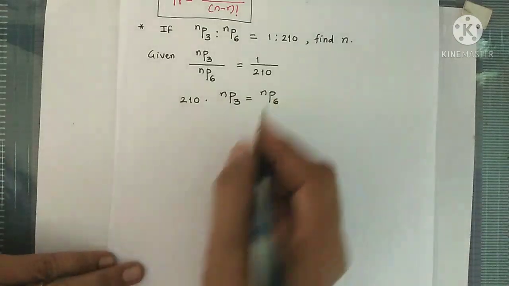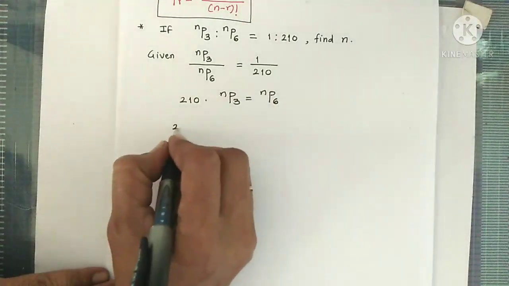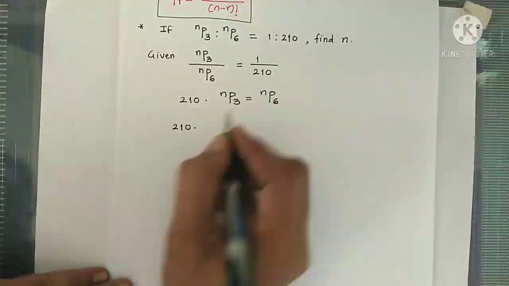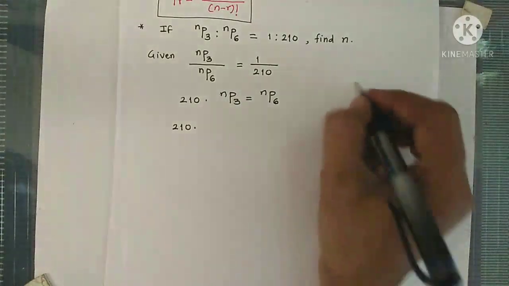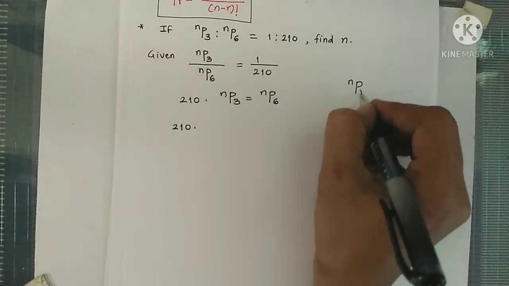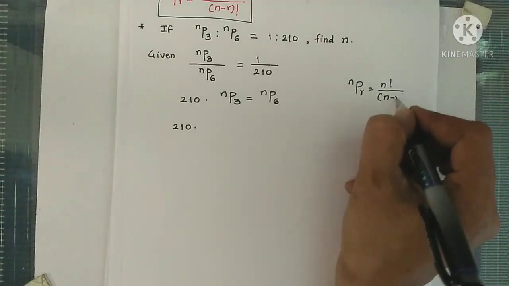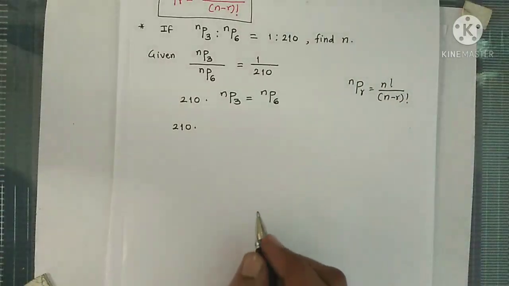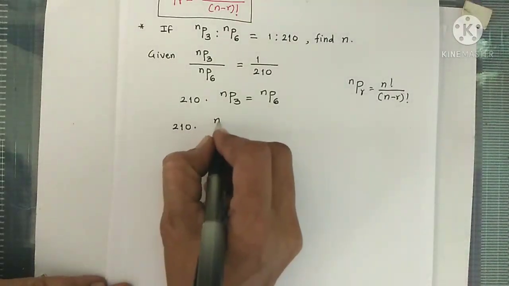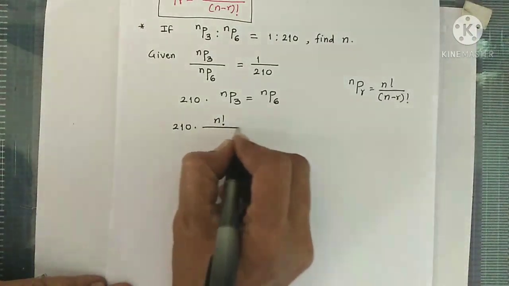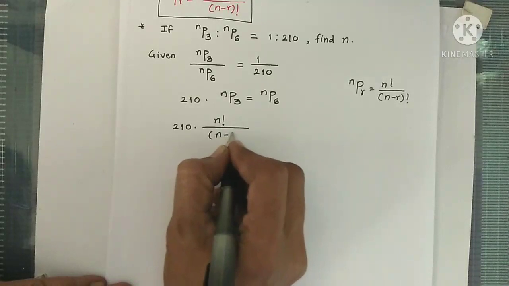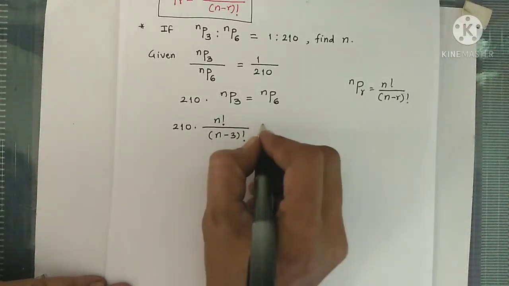Now let's write the formula. So this is 210 into nP3. Now nPr is n factorial divided by (n minus r) factorial. So nP3 is n factorial divided by (n minus 3) factorial.